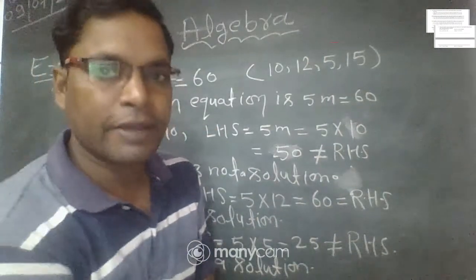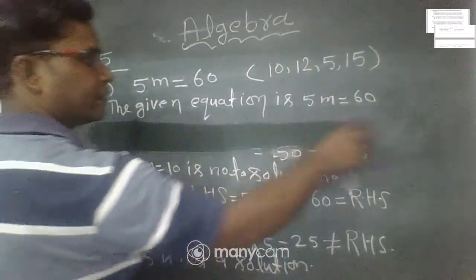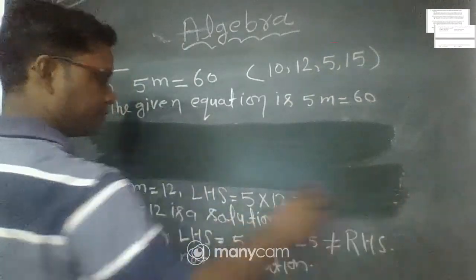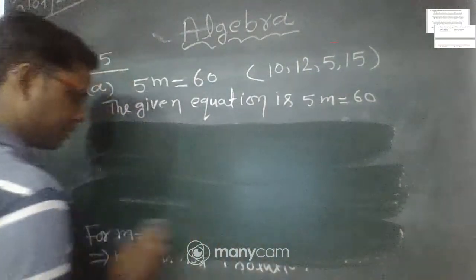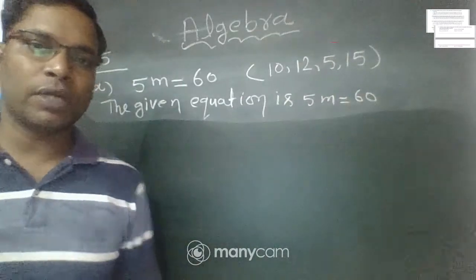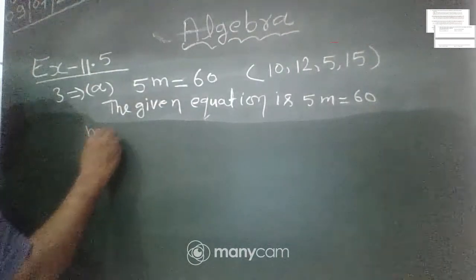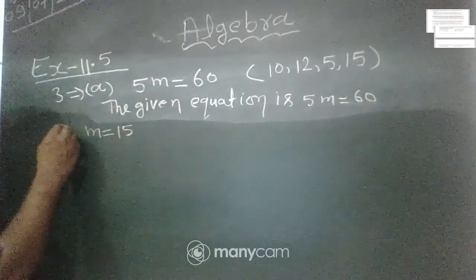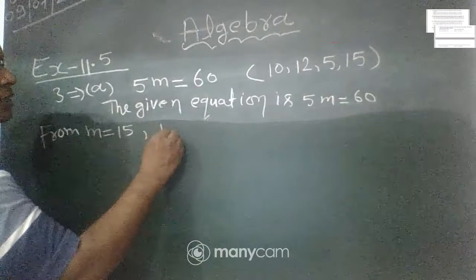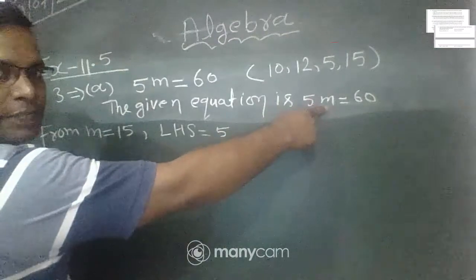So for m is equal to 15, the left hand side is 5m.